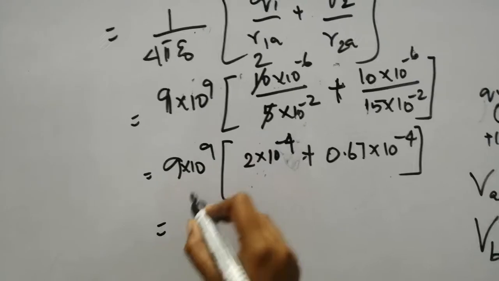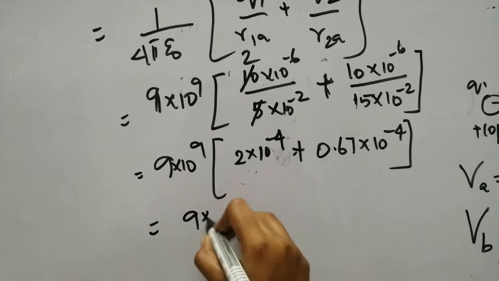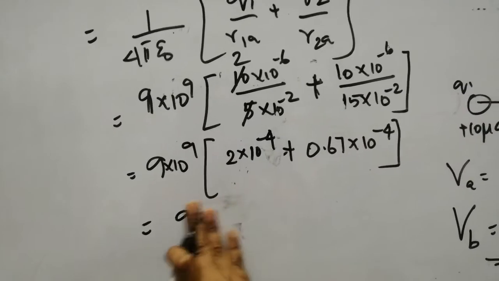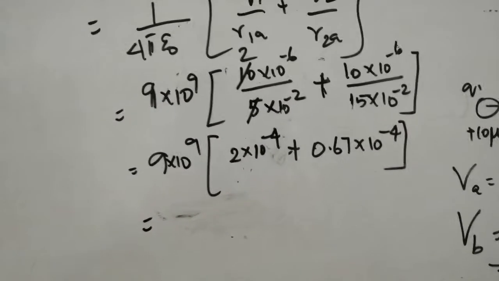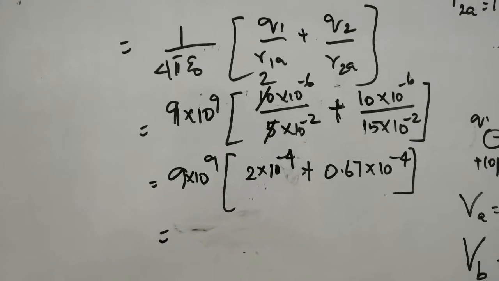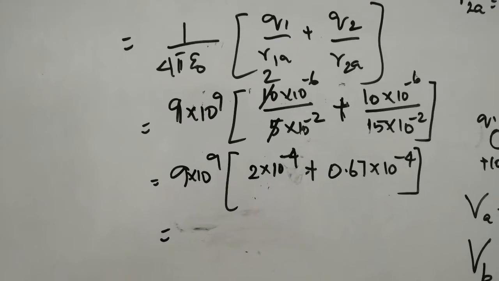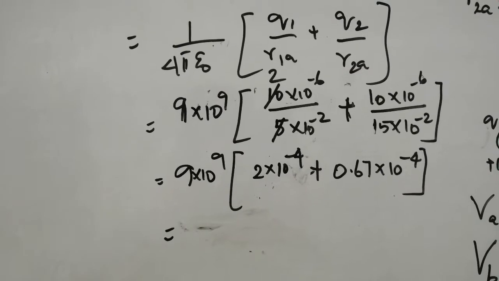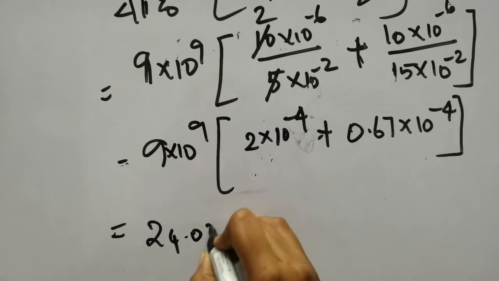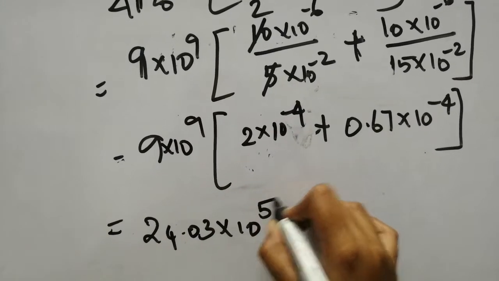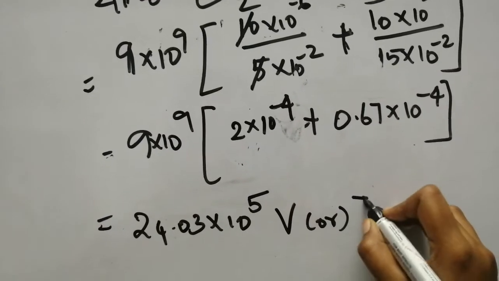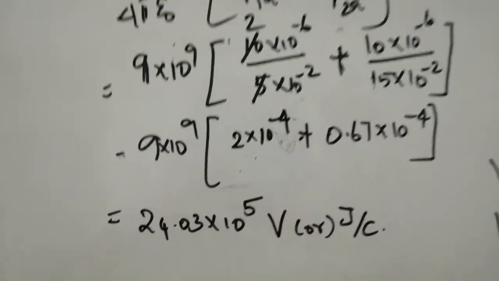So when you multiply all these values, it is 24.03 into 10 to the power 5 volt, or joule per coulomb.